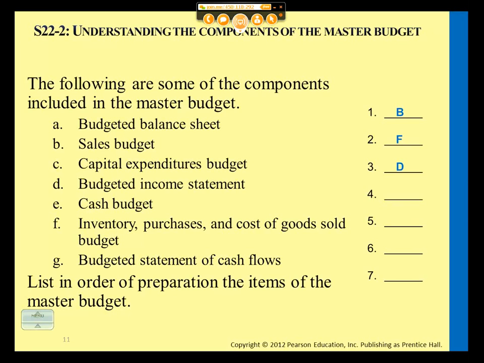Fourth? Good. Yes. Okay, long-term assets. Okay, 5. Cash budget. Who else is for cash budget?